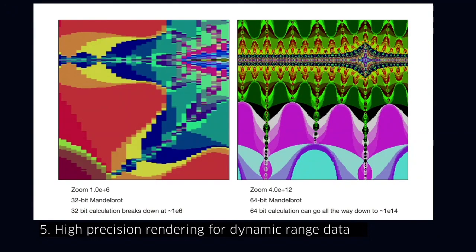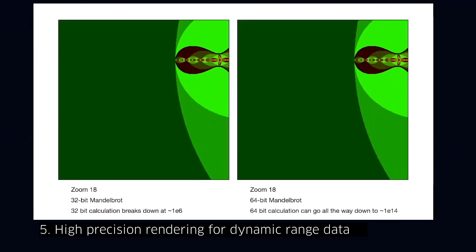So what we did is work around it by emulating higher precision floats, especially 64-bit precision floats. This included recreating all of the math functions on the GPU to do the packing and unpacking of vec2 of floats.